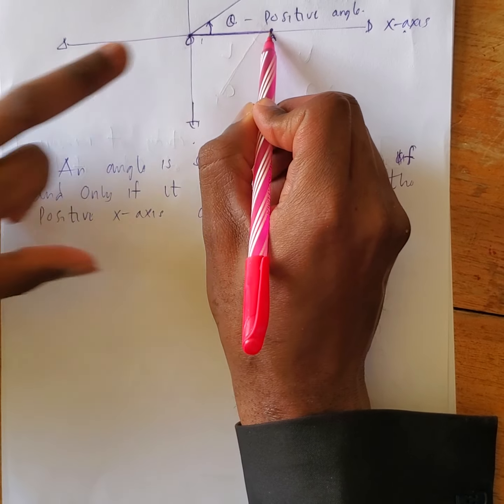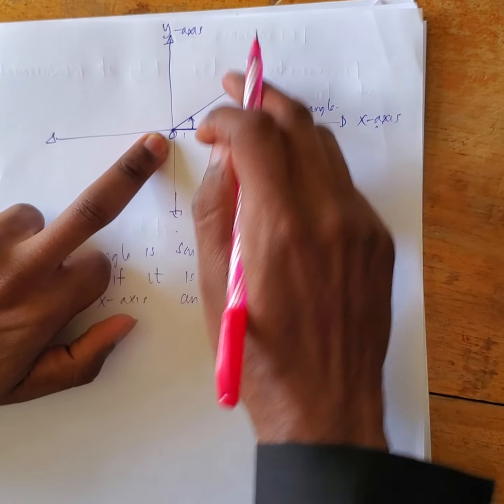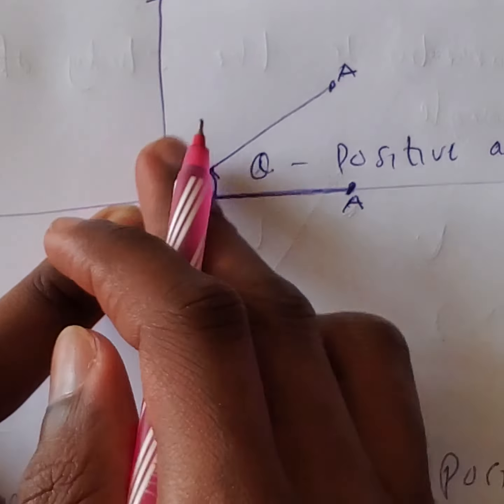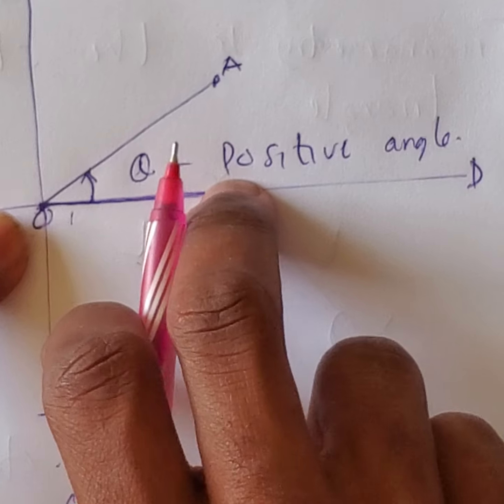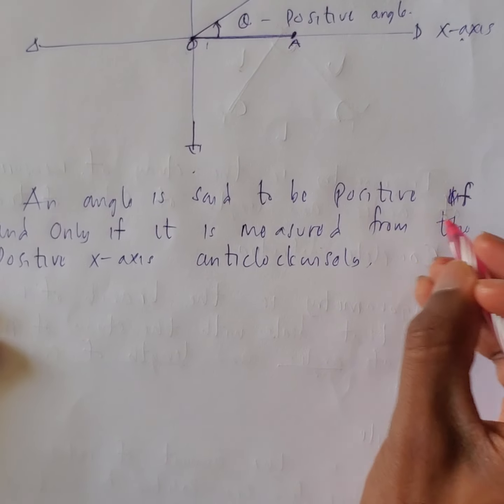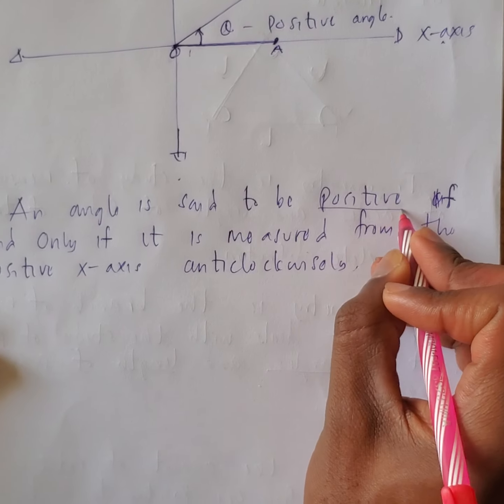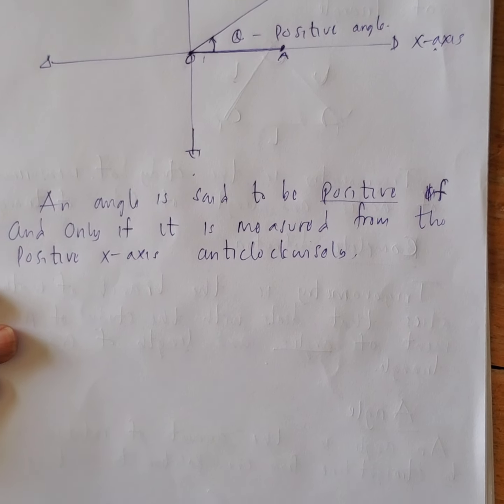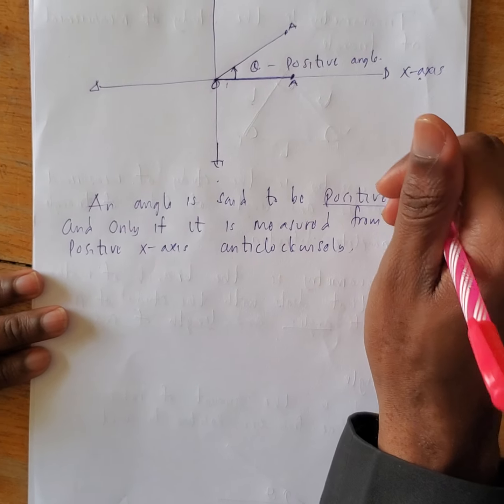When I'm rotating line segment OA to this position and I measure this angle from the positive x-axis anti-clockwise, we are going to get a positive angle. Are we together? I think so.